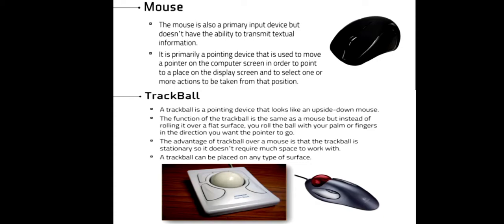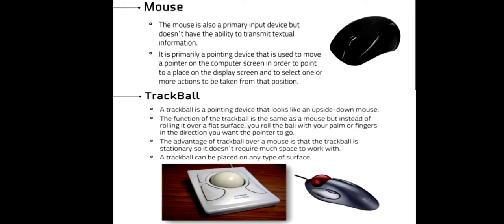Next is mouse. Mouse is called the pointing input device. It shows a pointer on the computer screen to point to a place on the display screen, and then it selects one or more actions from that position. Number 2 is trackball.